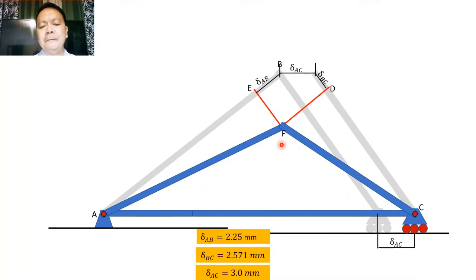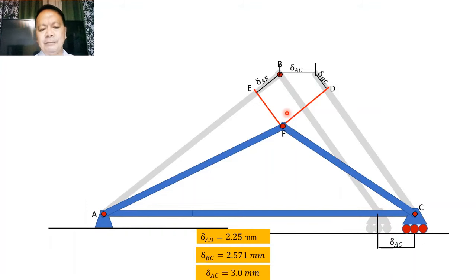From here, we can expect that this position is the final position, moved from the initial position of B before the load is applied. This position of F is the position of B when the load is applied. Our problem here is to find how B moves from this initial position to this final position.